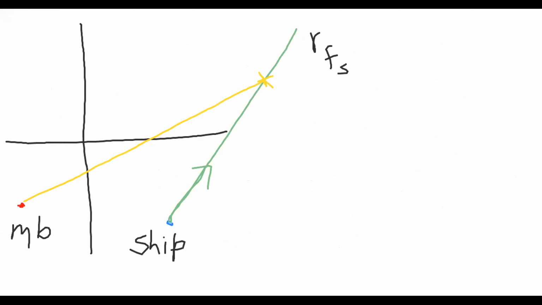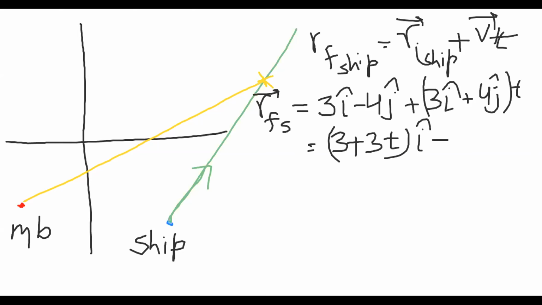So R_FS is equal to 3i cap minus 4j cap plus 3i cap plus 4j cap t, which I can write as 3 plus 3t i cap plus minus 4 plus 4t j cap. Right? I've just taken i cap, j cap together.